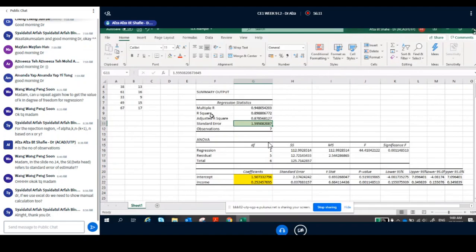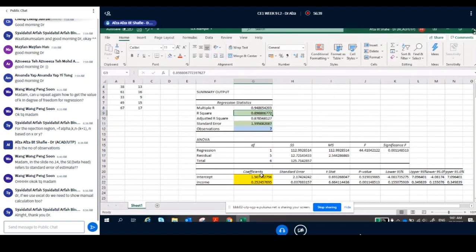The adjusted R squared means there's some normalization being done, which is fine. So we look at the R squared, which is 0.898806. And this is our observation: there are altogether 7 values that we keyed in, which is correct based on the data here. So this is our standard error, and this is our R squared.